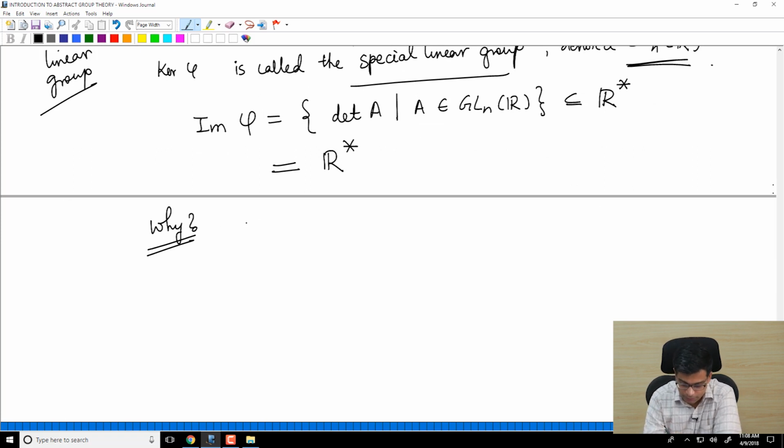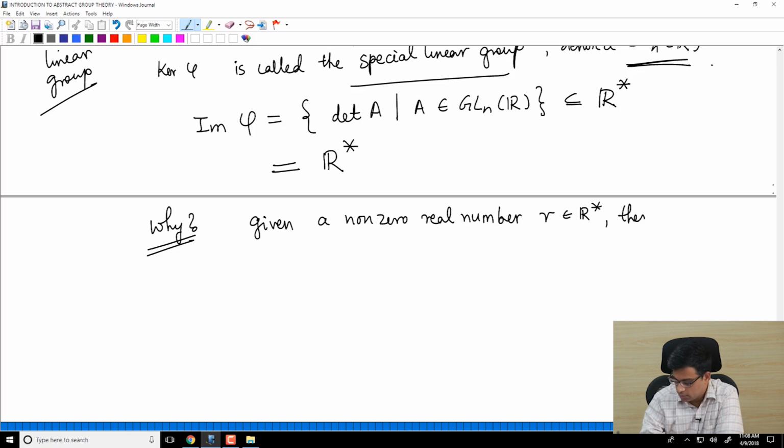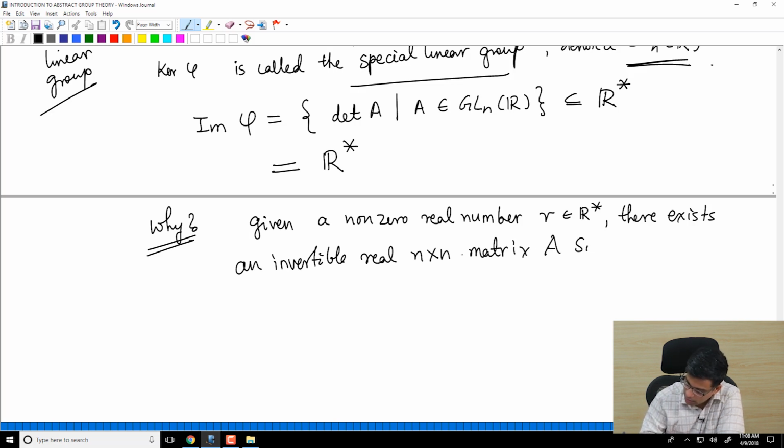In other words, given a non-zero real number r, there exists an invertible real n by n matrix A such that the determinant of A is r.